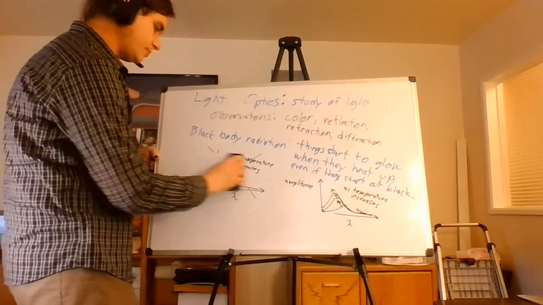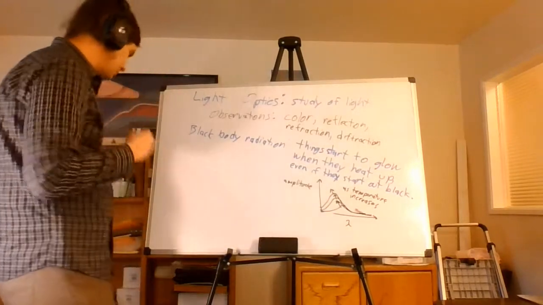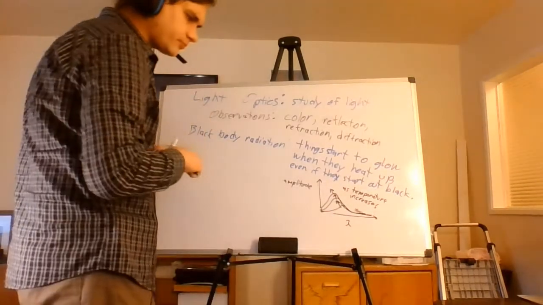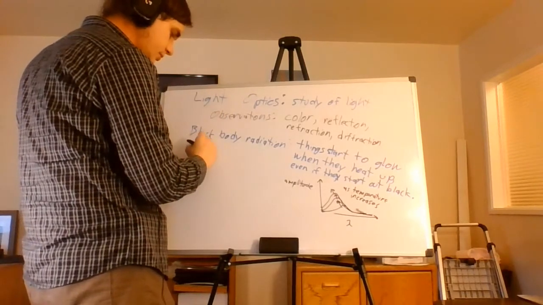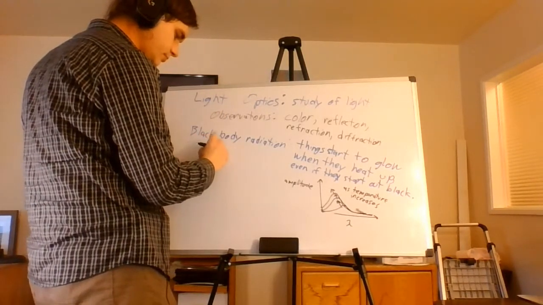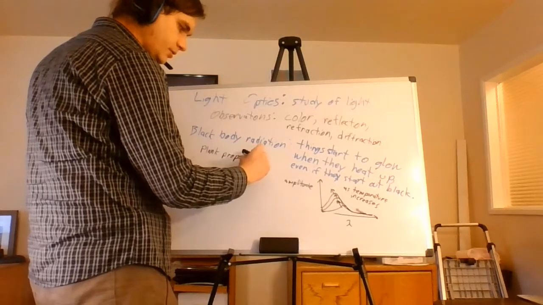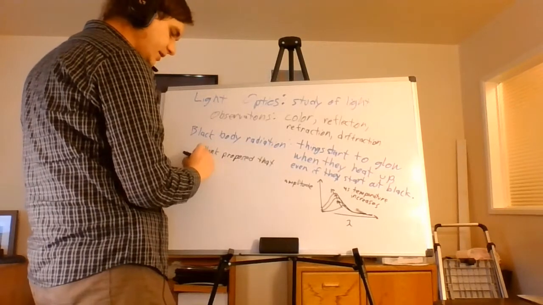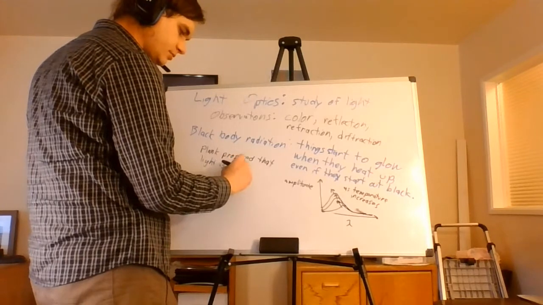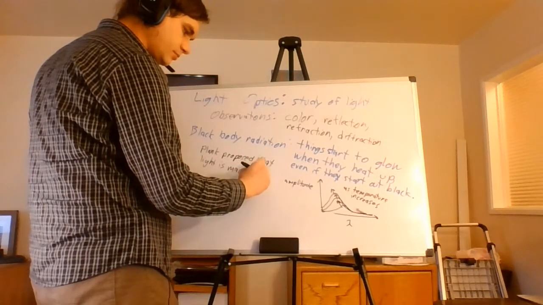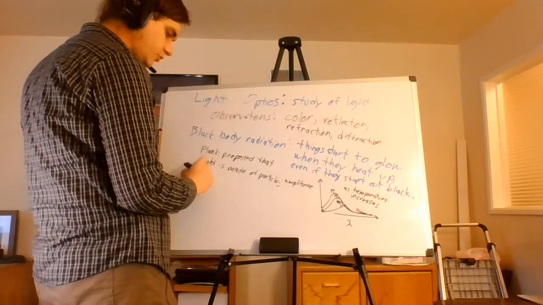Now, Max Planck, right around 1900, proposed that light is made of particles, or quanta.